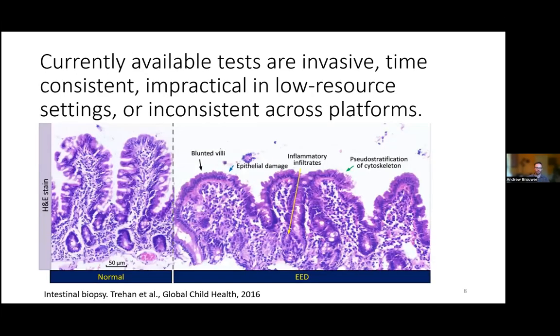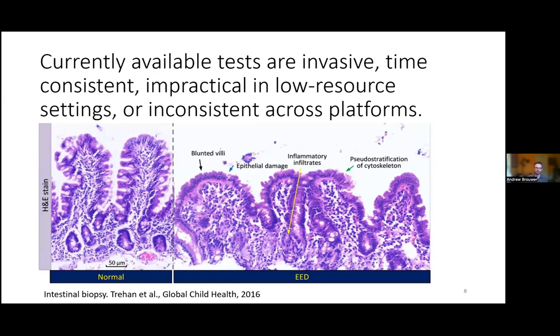What we'd really like to be able to do is determine who has EED and provide interventions that are going to hopefully stop the enteropathogens, repair the damage, and increase nutrient absorption. But once the children are stunted, it's a little bit too little too late in terms of the interventions that are practically able to be done.